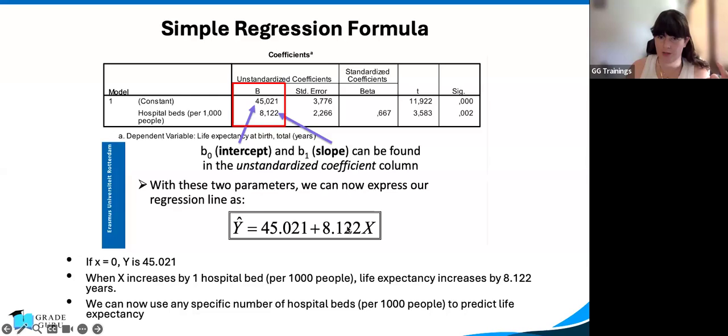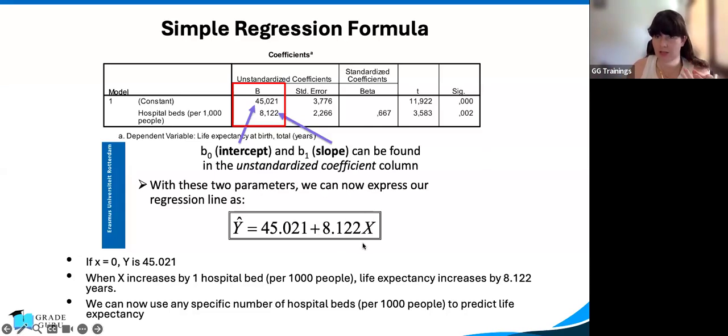Now for your B1, what this means in terms of these variables is, the x variable is hospital beds. When we increase hospital beds by 1 bed, so the unit is a bed, that means that life expectancy increases by 8.122 years. Why does it increase? Because it's a positive here.